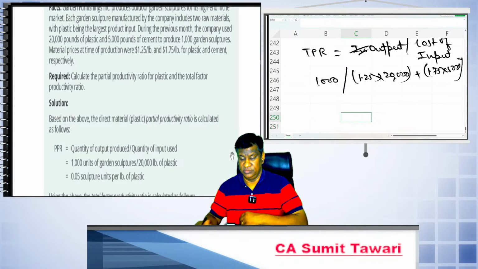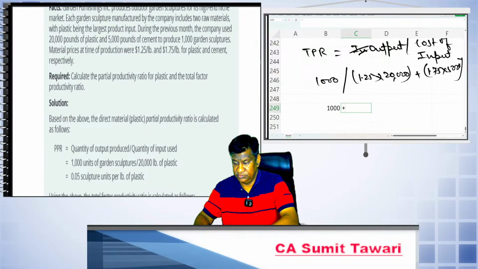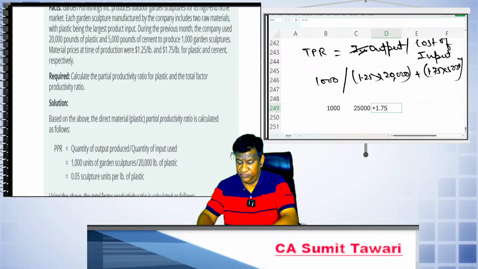So 1000 is clear, and this number is 1.25 multiplied by 20,000, 25,000, and this number is 1.75 multiplied by 5,000.